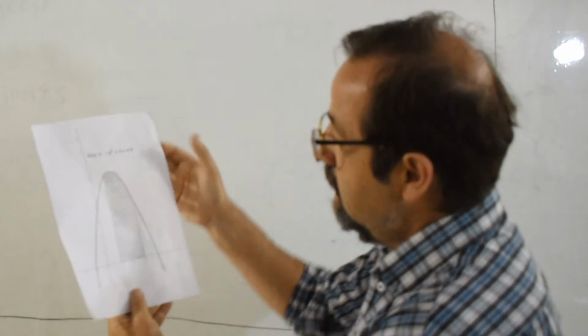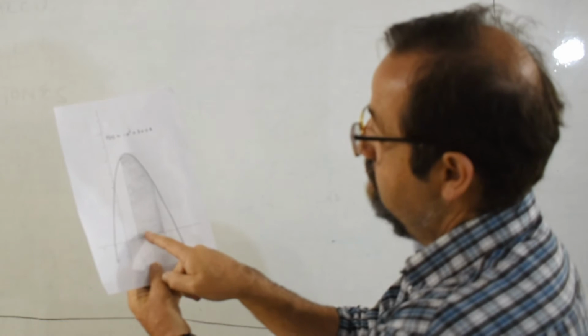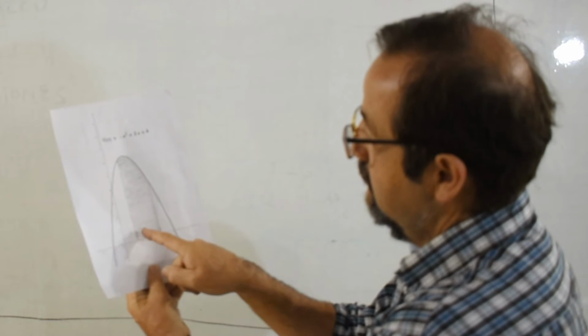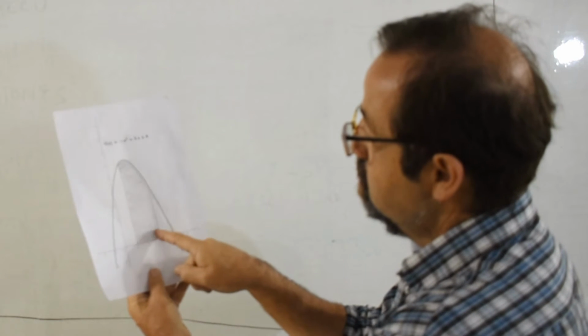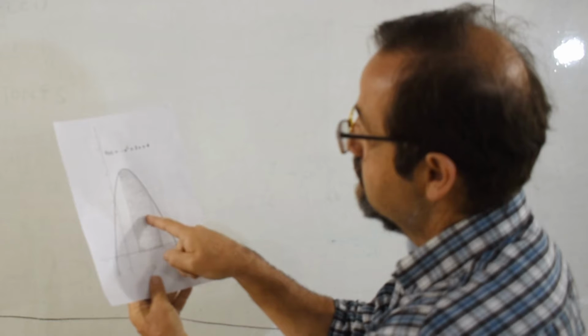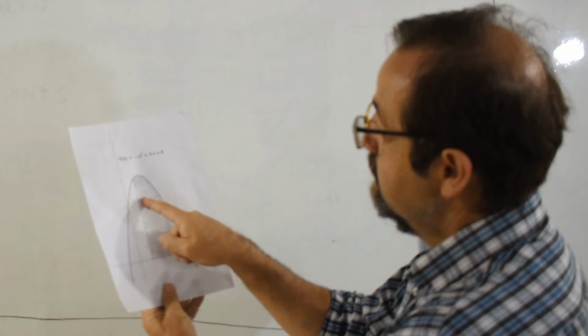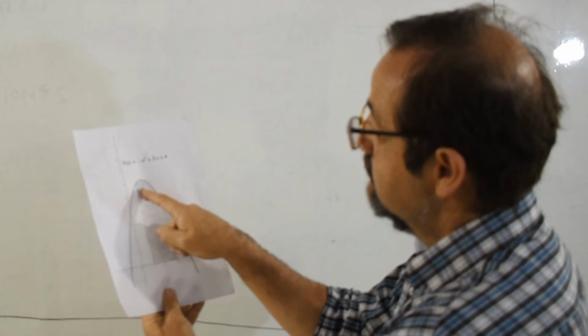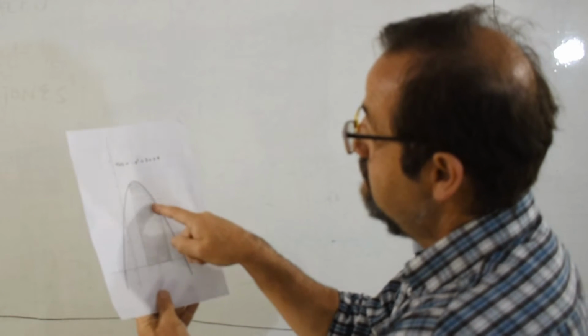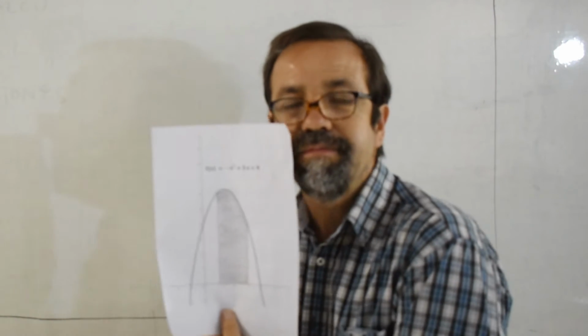So if we can count here, we have one unit of area, 2, 3, 4, 5, 6, 7, 8, 9, 10, and maybe 11 with this 2 and something. A little bit more than 11.